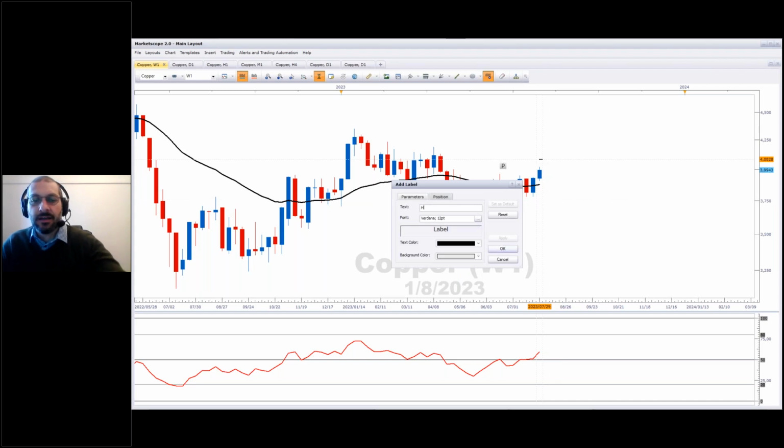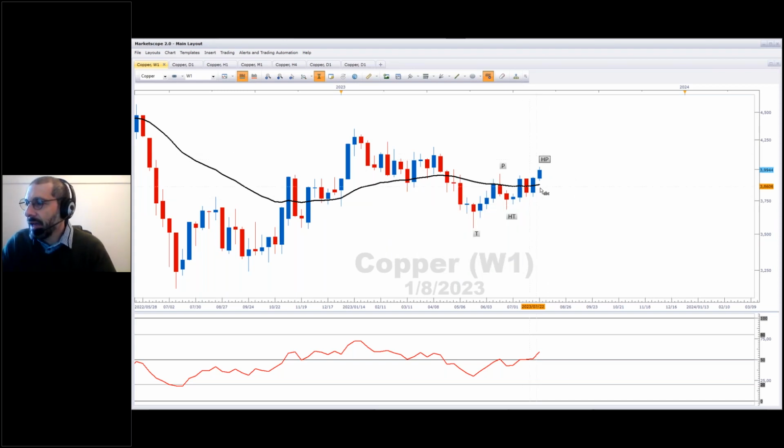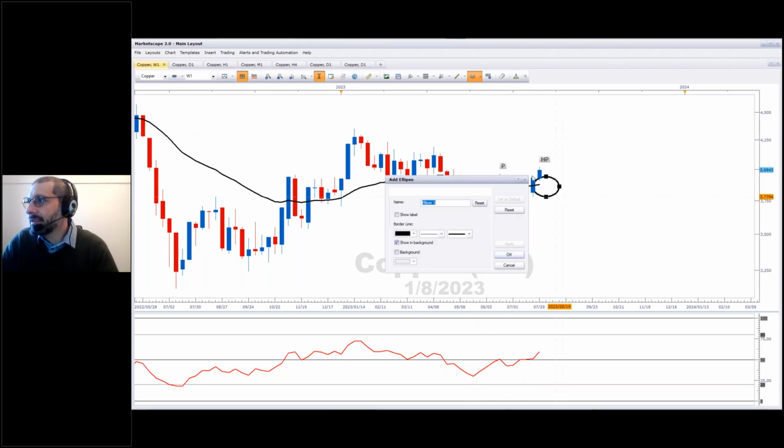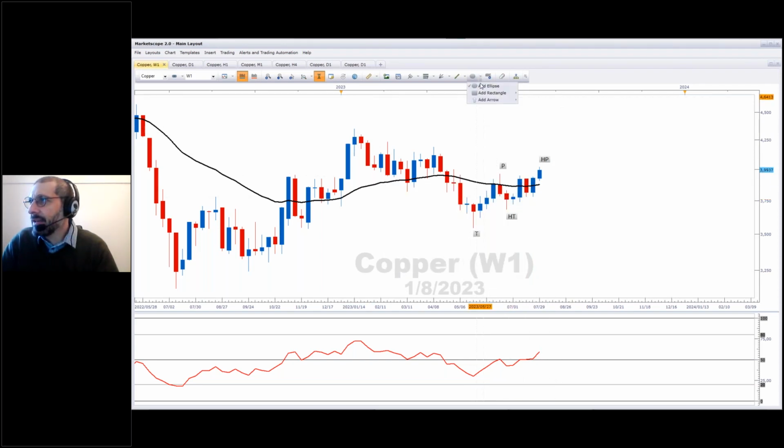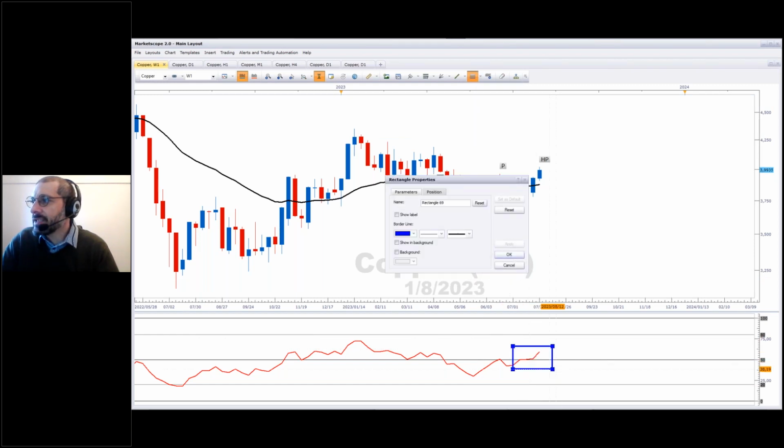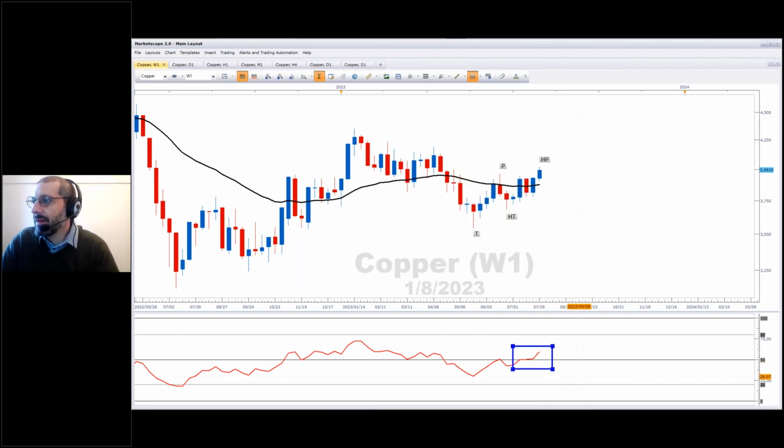So it looks like copper is starting to kick up. You can see that it's moved above its 30-week exponential moving average. You can see that that exponential moving average is also starting to kick up, isn't it? So over here, starting to kick up. And take a look at the RSI. RSI starting to pop above 50.